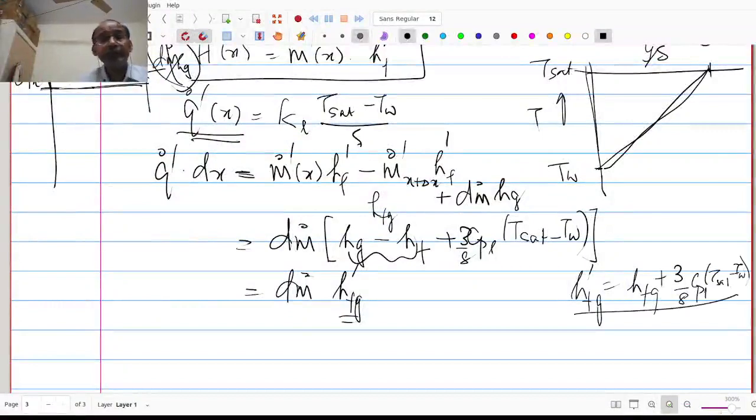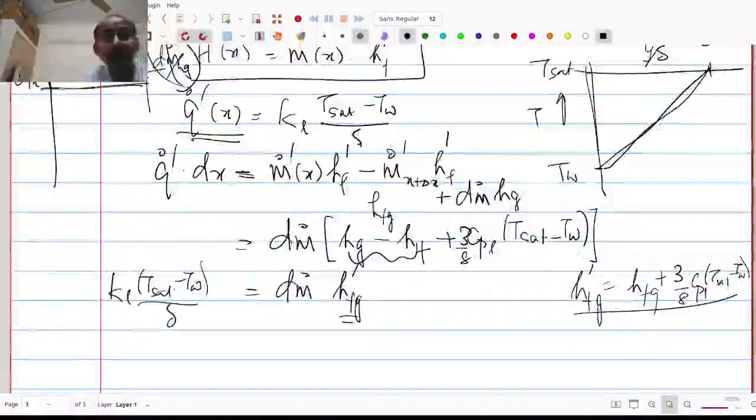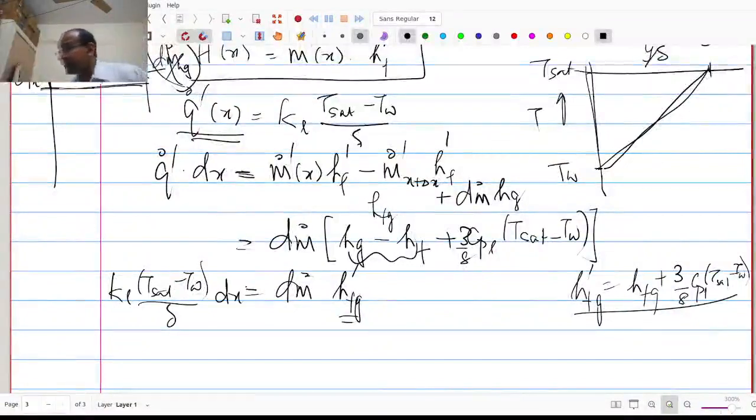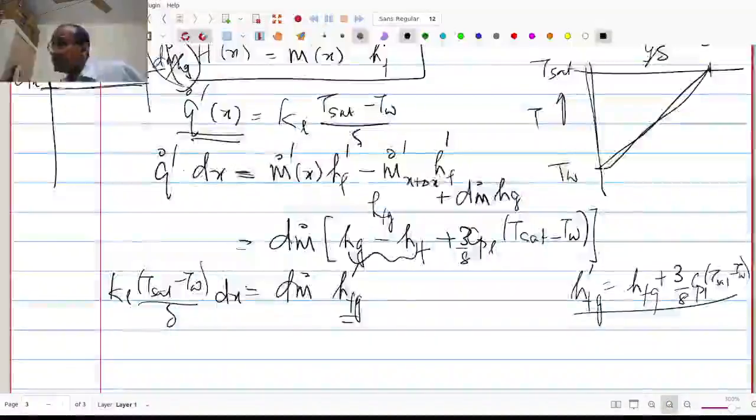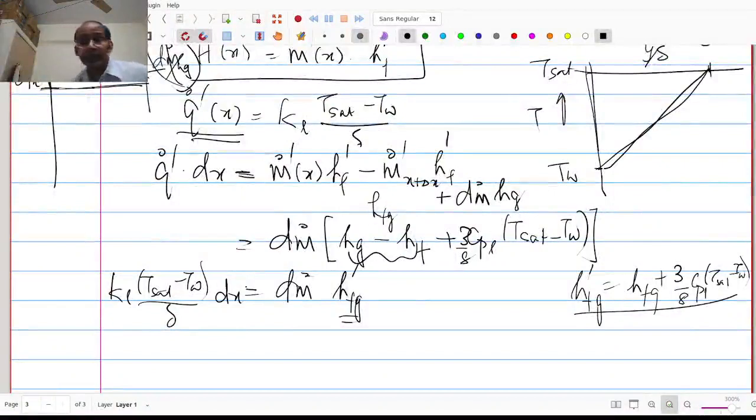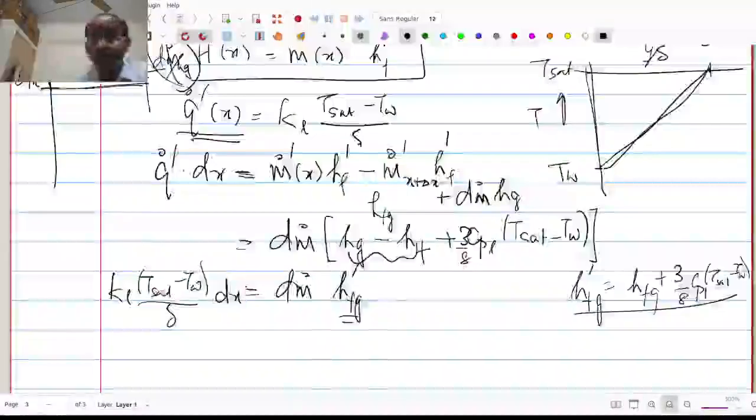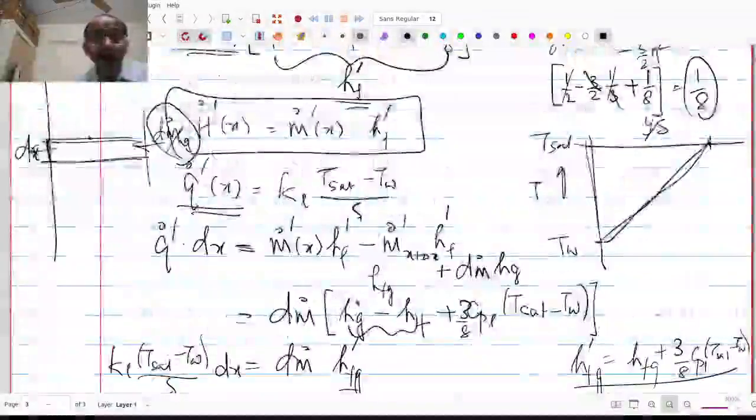Okay, so if I write this as the expression, then I can get the expression for delta, because this q dot L is nothing but KL into Tsat minus Twall divided by delta, into dx. Okay, so basically this leads me to an expression, and I can substitute for m dot from here.